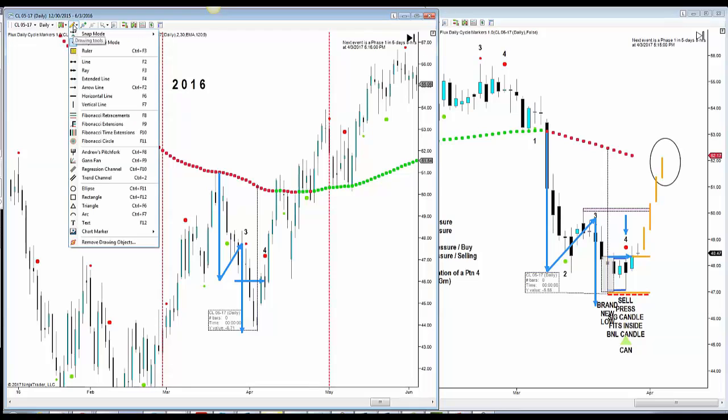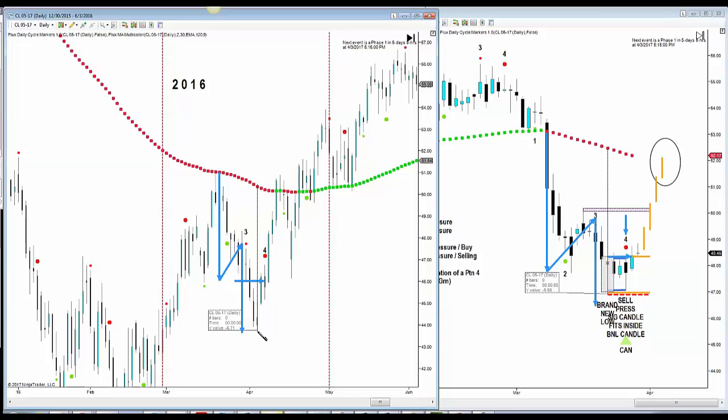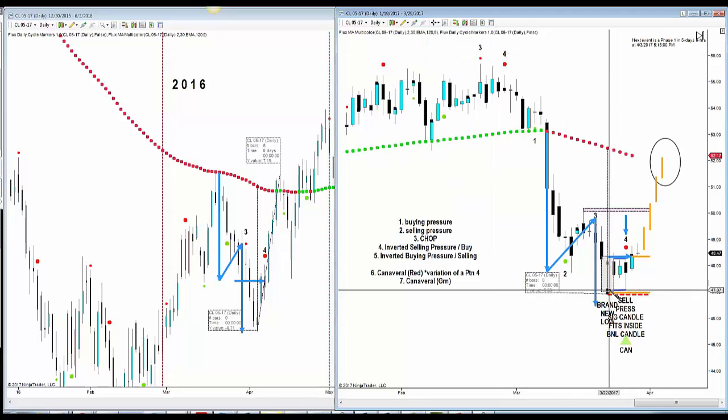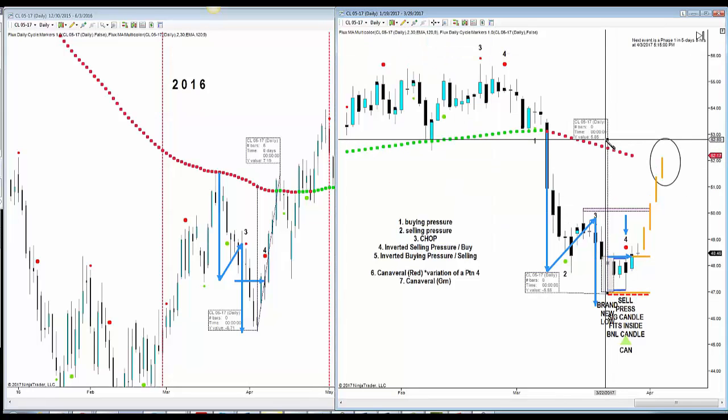So the move in the past from the low before the phase 1 was a $7 move. Okay, well, how far is $7 here? Well, from the low up, there's 6. 7 is here. Does everybody notice that the geometry is kind of lining up?